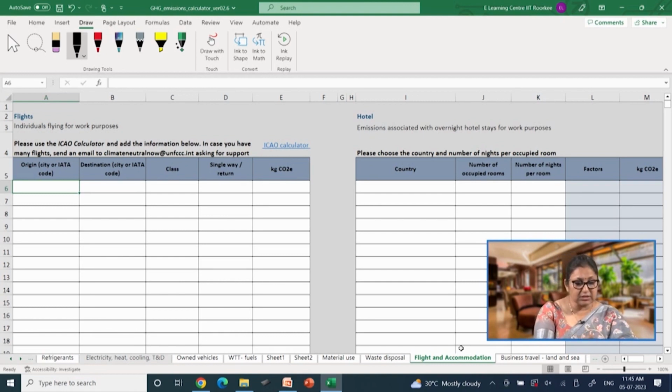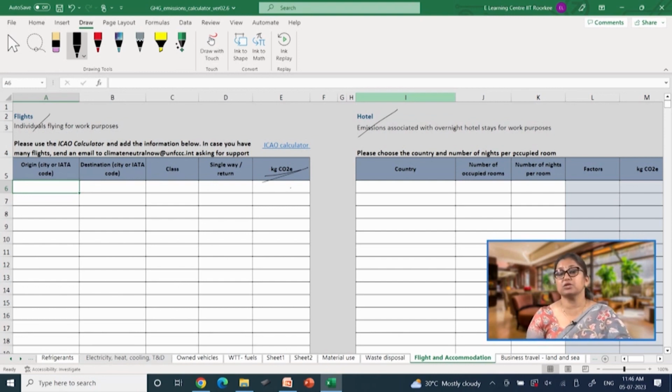We just have to input the destinations and the origins, and we will know the total distance that has been travelled both ways, single ways, and accordingly it will give us the equivalent carbon dioxide that is released for flights, air travel. And then hotels. So, emissions that are associated with overnight hotel stays for work purposes, it is counting the emissions that are going to accrue.